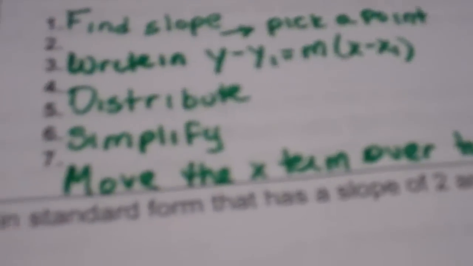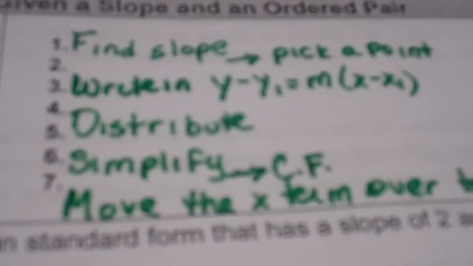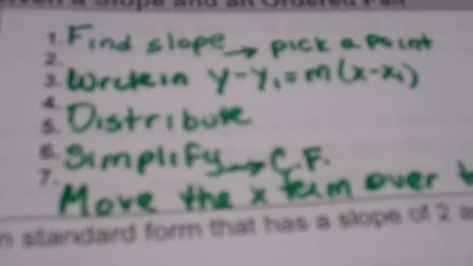Okay. And if there are any fractions, we're going to clear them in this step. I'm just going to put CF, clear fractions. Okay, a lot of steps, but let's see how that all goes down.